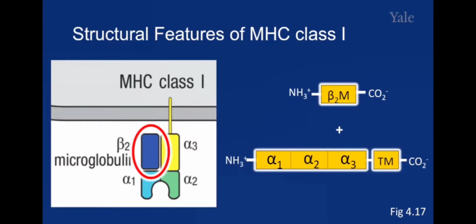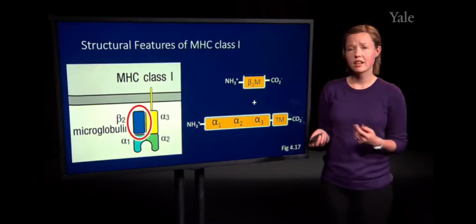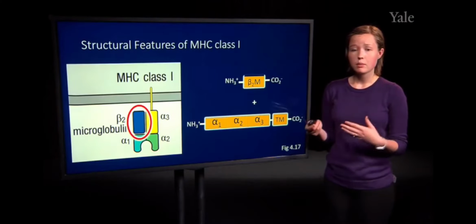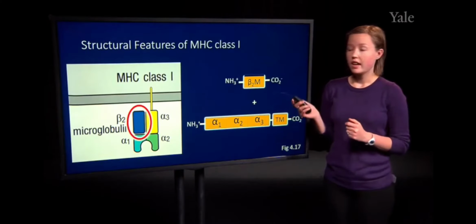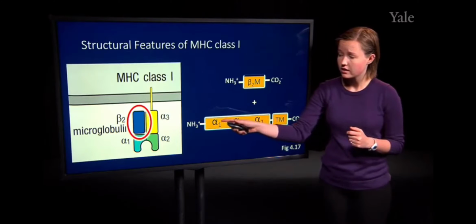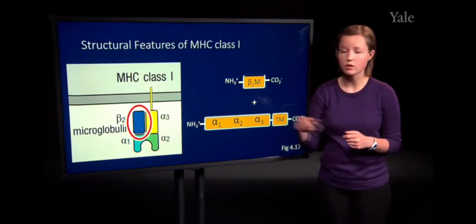Right here we see our alpha chain, which consists of an alpha-1, alpha-2, and alpha-3 domain. It also has this transmembrane domain, which tethers it to the membrane. When expressed, it will interact with beta-2 microglobulin to form the stable MHC Class 1. And we notice here that beta-2 microglobulin does not have a transmembrane domain, so it won't be tethered to the membrane like the alpha chain is.